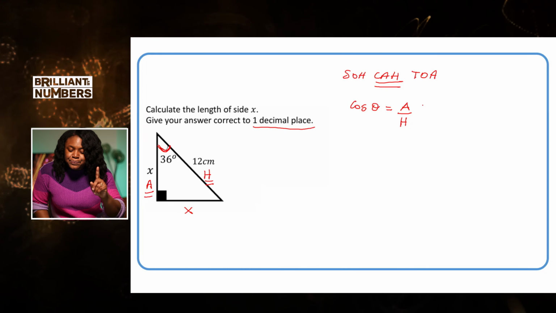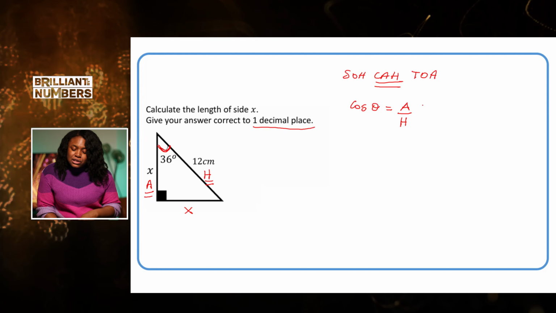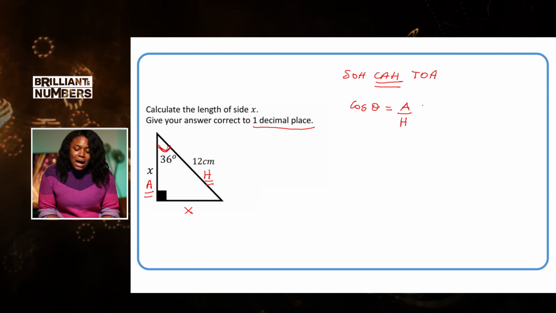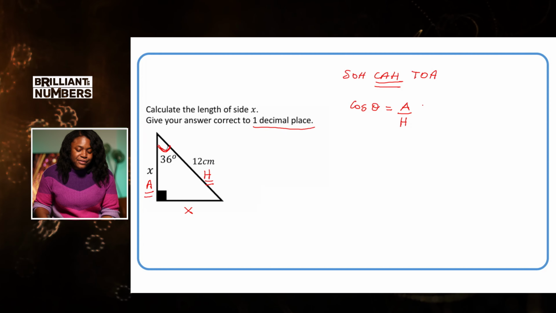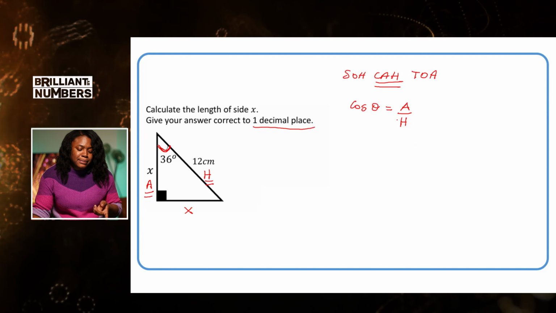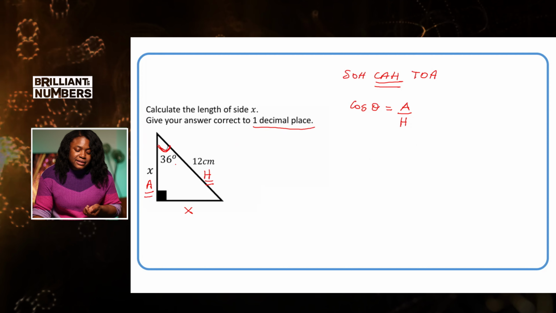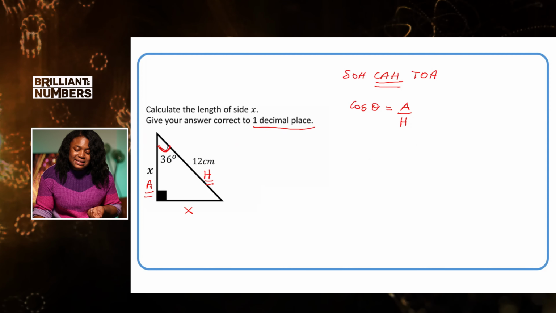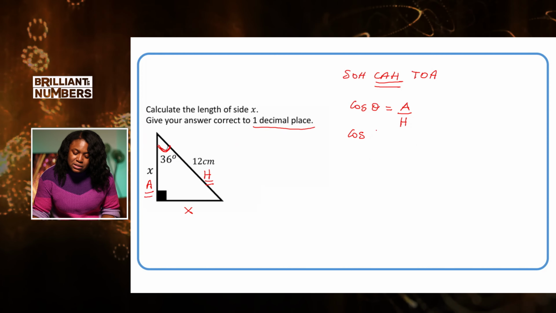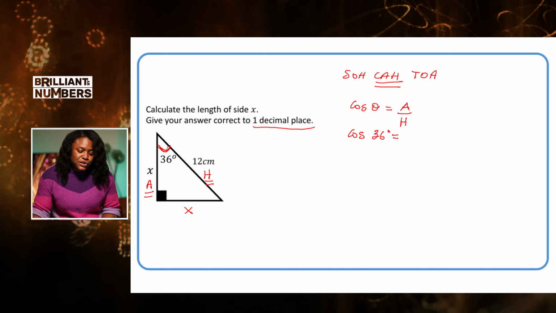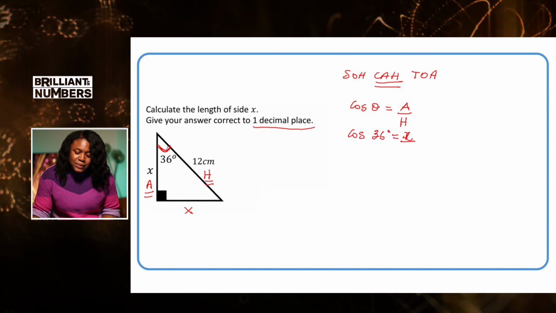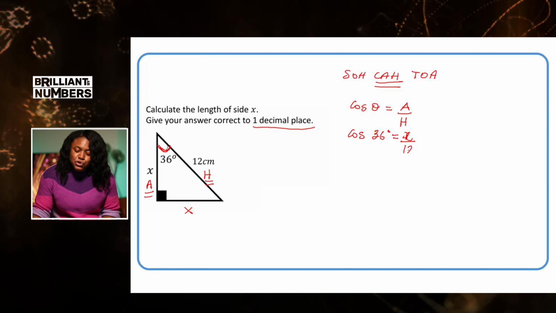So step 1, I labeled my diagram. Step 2, I now write my formula out. Now I'm going to substitute in the formula. I chose my ratio to be cos. Now it's substitution time. So from 36, we've labeled adjacent as X. So we're going to go ahead, cos theta, theta is 36, put that in, equal to the adjacent side, which is X in this question, and my hypotenuse is 12.